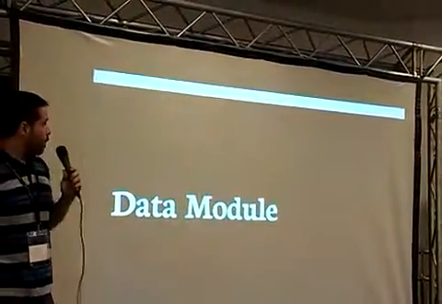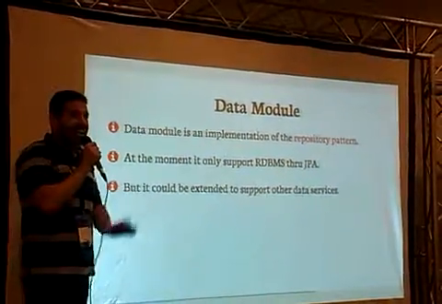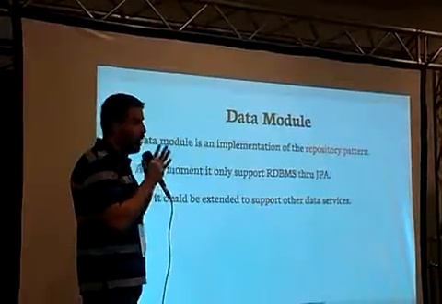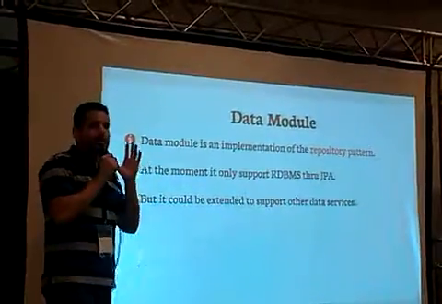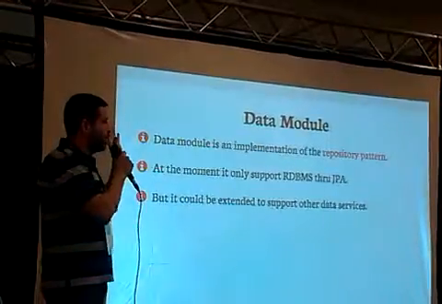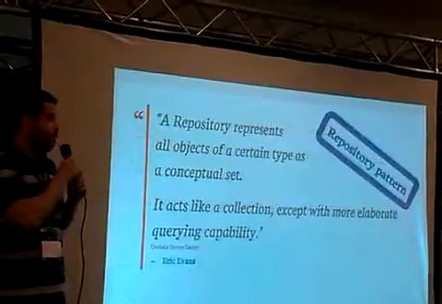Okay? Well, the data module. This is one of the modules that I like the most, and you will see why. Because it brings you a lot of productivity. It is meant to be an implementation of the repository pattern. What is a repository?